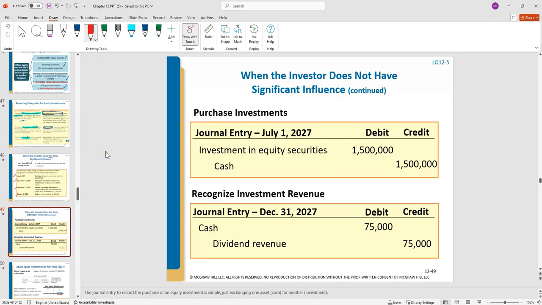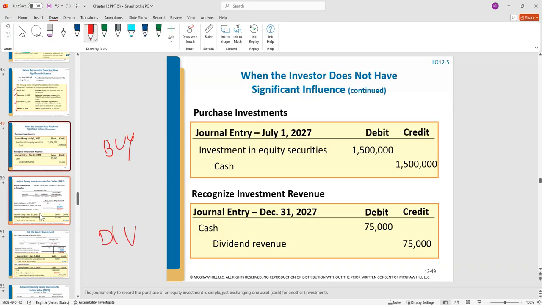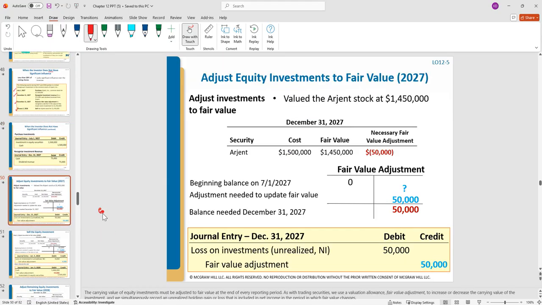So when you buy it, you'll debit investment, credit cash. That's great. Whenever it pays the dividend, you'll credit dividend revenue, debit cash. This should be very similar to what you've seen in financial accounting. Here's kind of the new thing. We bought it at 1.5, but at the end of the year, it is 1.45. In other words, it's gone down in value by 50.